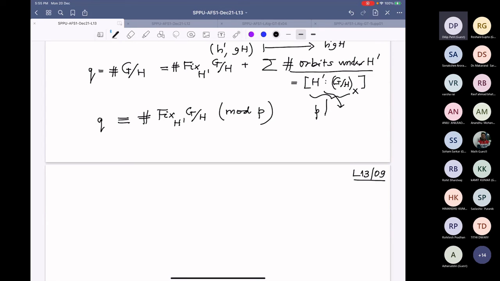And this Q is not zero mod P. So therefore the number of fixed points cannot be zero mod P. So that means the number of fixed points of this H prime action is non-zero. That means there is at least one fixed point, so this fixed point set cannot be empty.